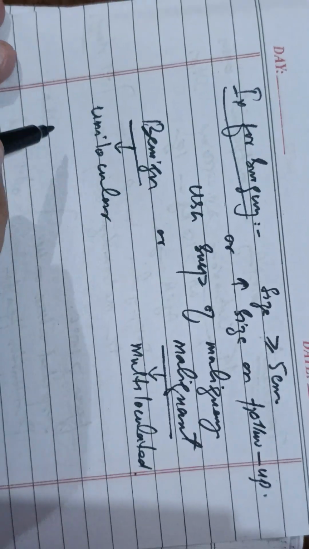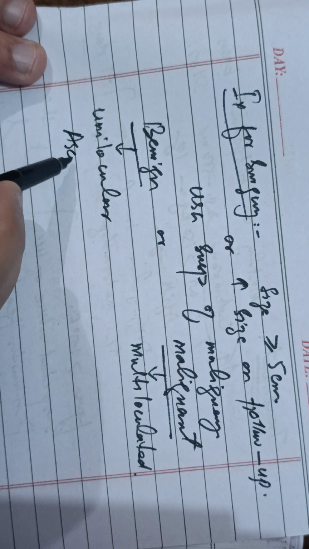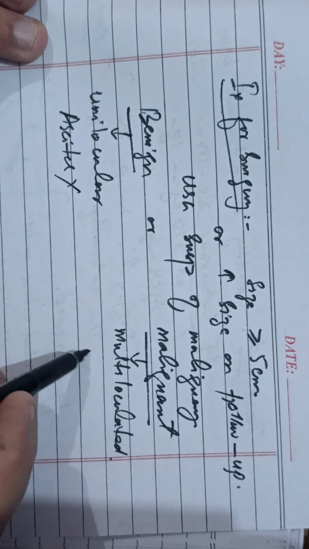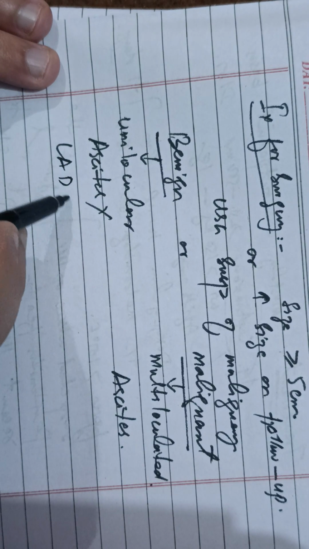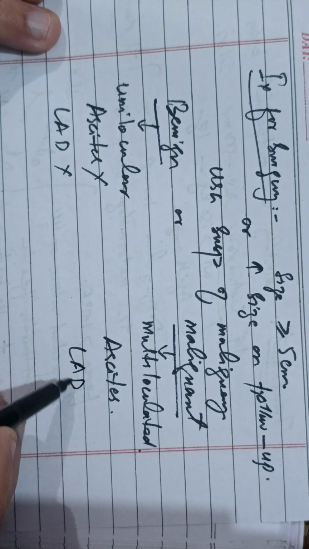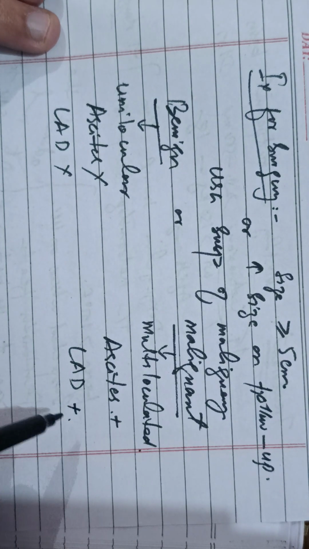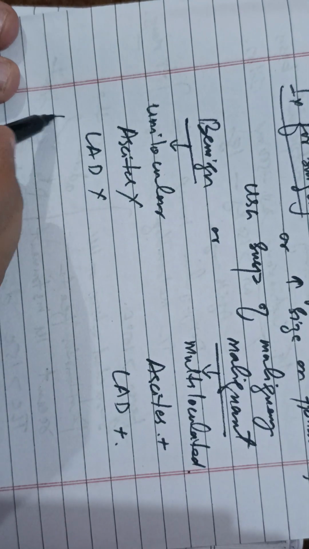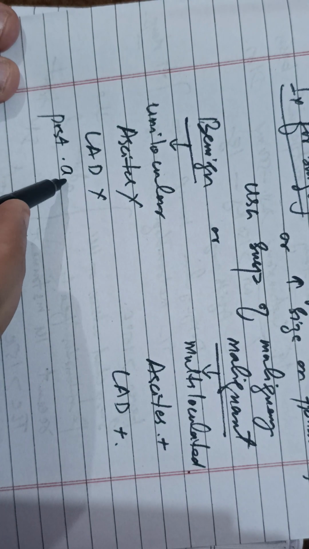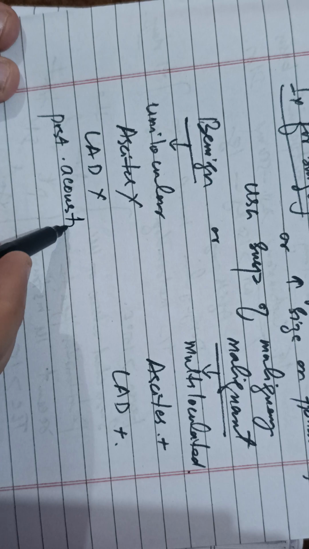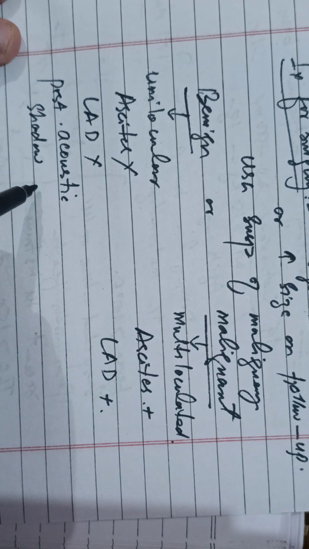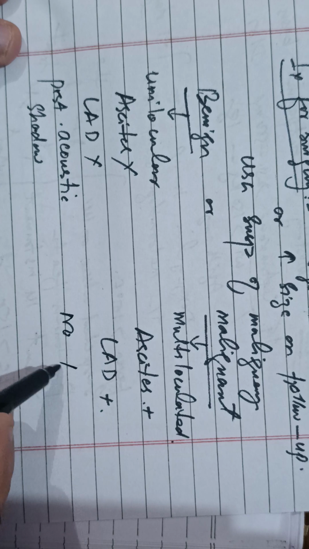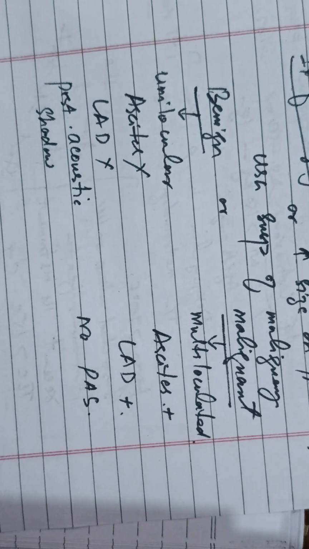There will be no ascites in benign, but there will be ascites in malignant. There will be no lymphadenopathy, but there will be lymphadenopathy. In benign there will be posterior acoustic shadow, I will show you what this means, but in malignant there will be no posterior acoustic shadow.